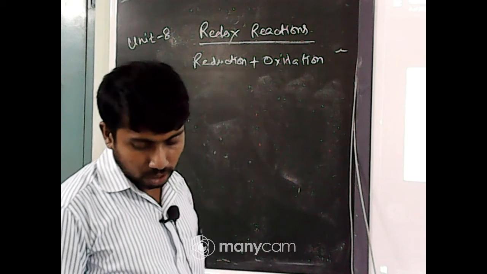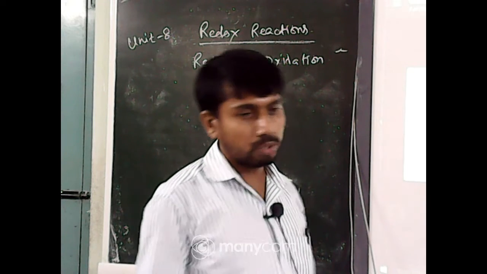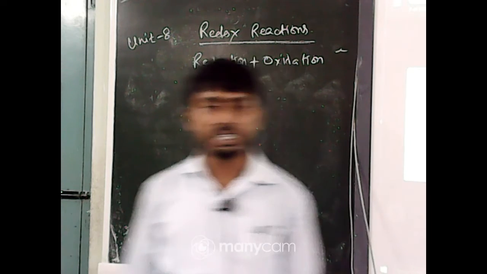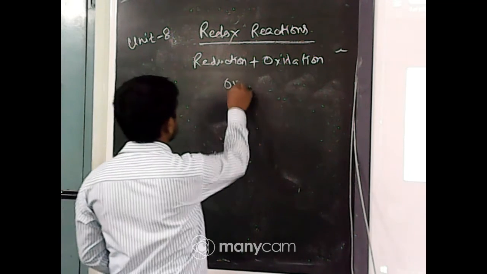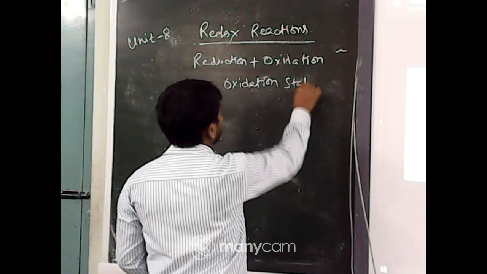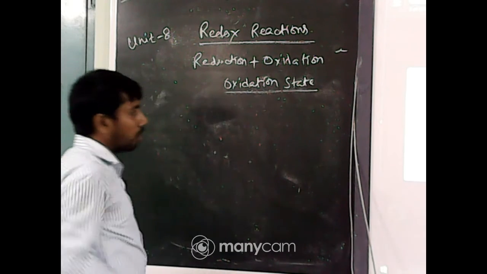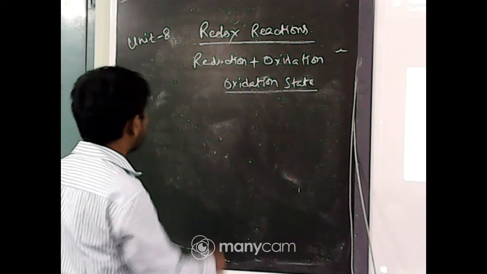Now, the modern concept is that we have to use the concept of oxidation state, and we can define oxidation and reduction with the use of this oxidation state.